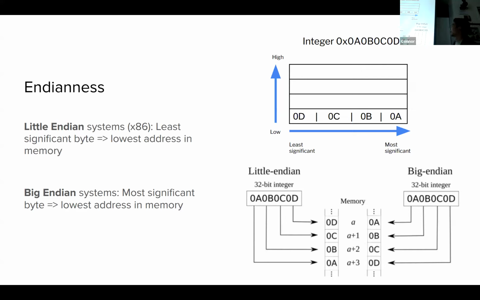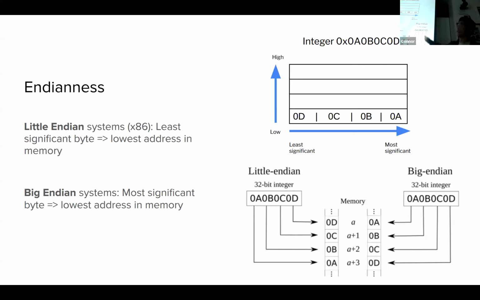Budget cuts. Okay, so first we'll start with endianness. This is pretty important because we'll look at stacks and memory. Usually in this class we use little endian. What that means is the least significant digit goes in the lower address.